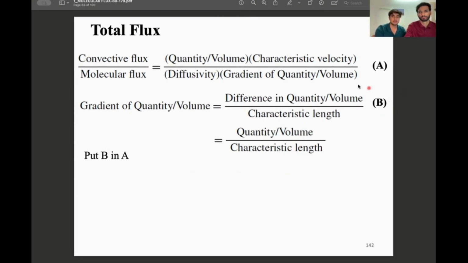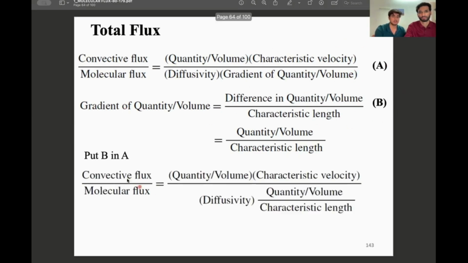Now this is our equation B, this is our equation A. Just substitute it in equation A, then we get our ratio as quantity per unit volume into characteristic velocity, which is our convective flux, over diffusivity into quantity per unit volume into characteristic length. The quantity per unit volume gets cancelled out.